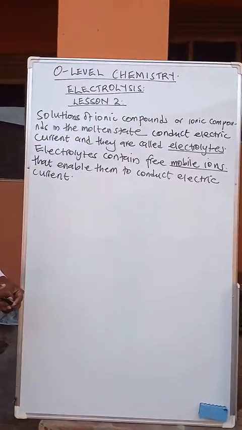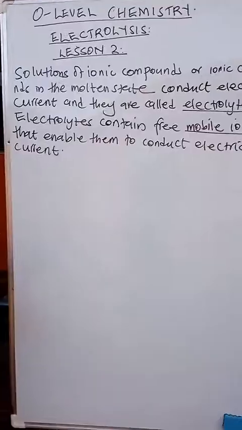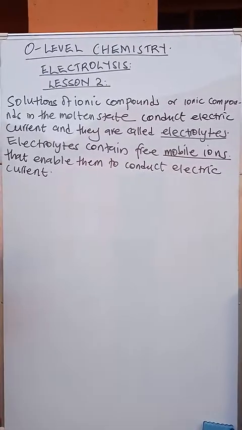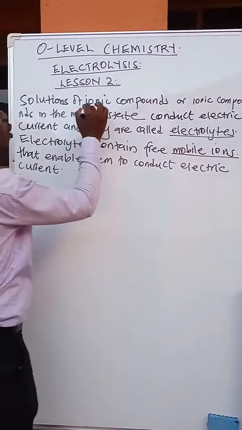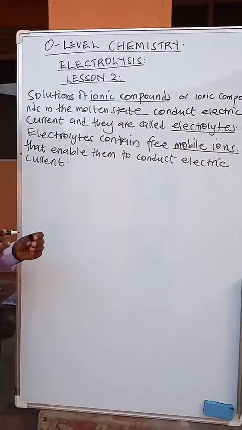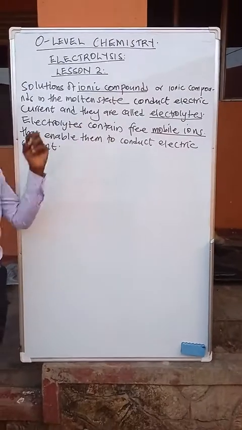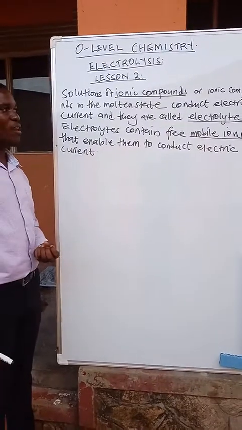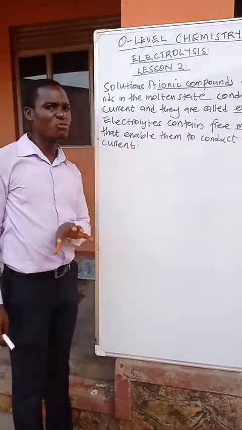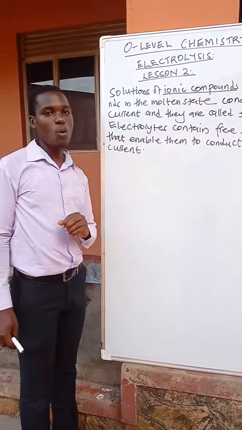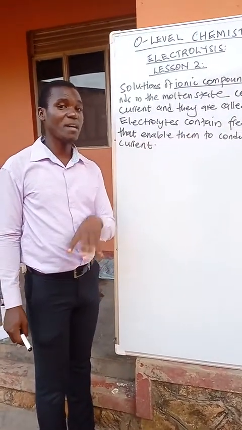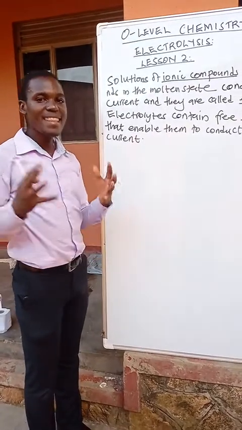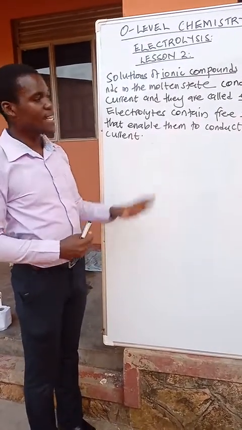Many of you want to have very long sentences, so you end up saying molten sodium chloride solution, which is wrong. So we are talking about ionic compounds. However, we are going to see that it is not only the ionic compounds that can act as electrolytes. Most of the non-electrolytes are covalent compounds because they are made of molecules, you understand? But we shall see that there are also some covalent compounds that act as electrolytes.